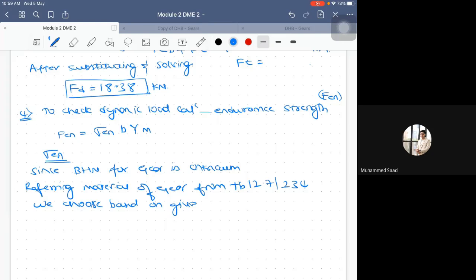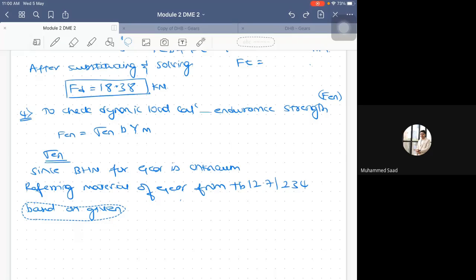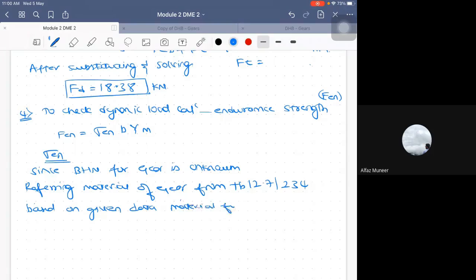Or you can write it like this: based on given data, material for gear.